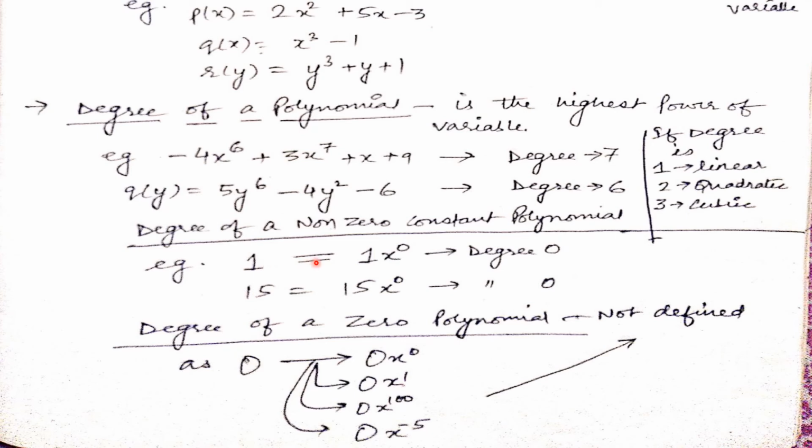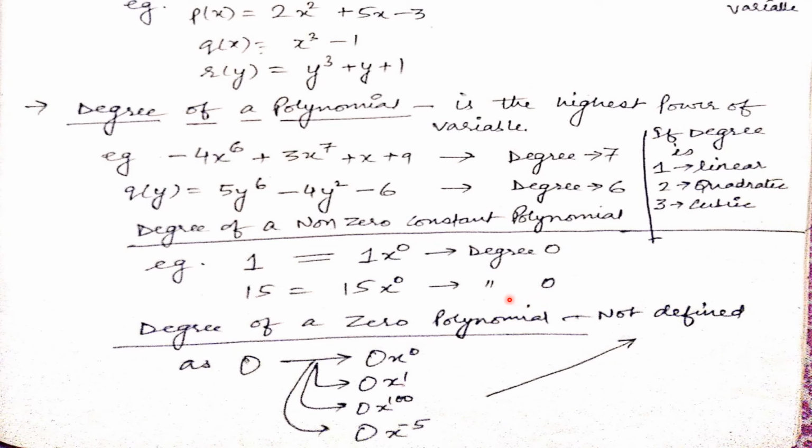But we can write this 1 as 1 into x power 0 also, because we know x power 0 is 1. Can't we write like this? Yes, we can. So as the power of x here is 0, the degree of a constant polynomial is 0. Similarly, 15 can be written as 15 into x power 0. The power of x is 0, hence the degree is 0.